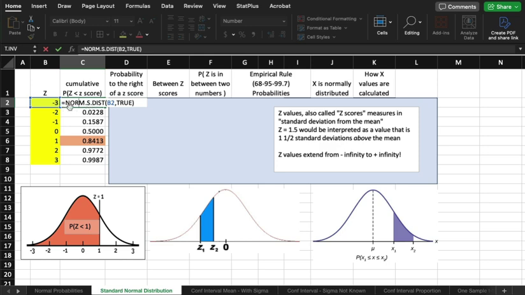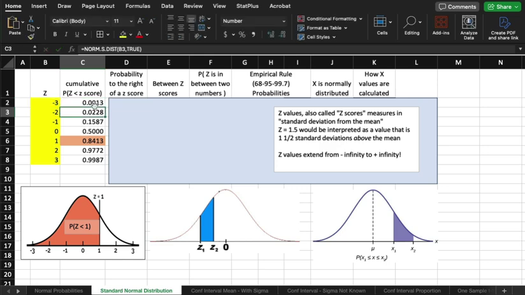So it's equals norm.s.dist and then parenthesis, and then we want the number that's in B2, that's our z value, comma, and then we want to type in the word true because we are calculating a cumulative probability. It's the total probability of any outcome less than -3.